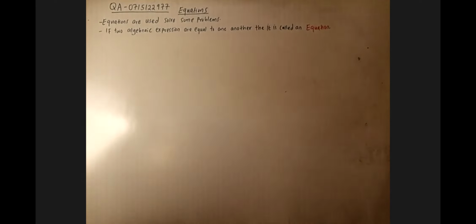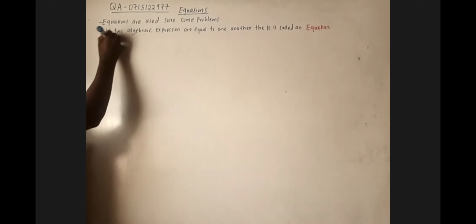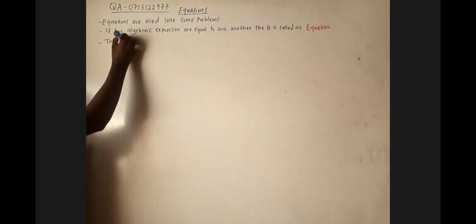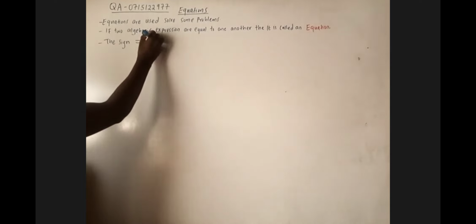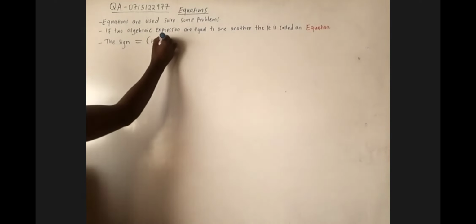So when two algebraic expressions are equal to one another, then it is referred to as an equation. Now, the sign, this sign, is called equality.